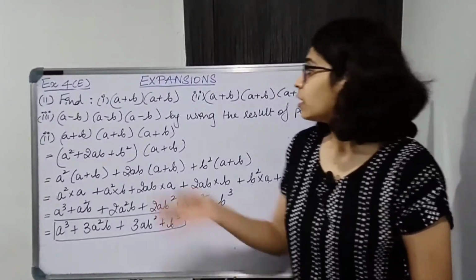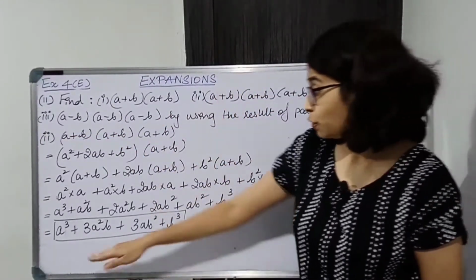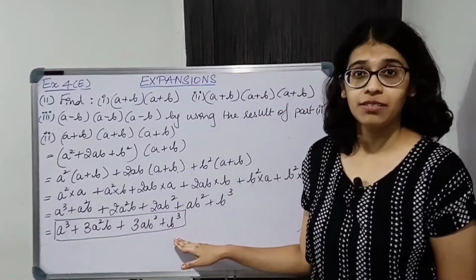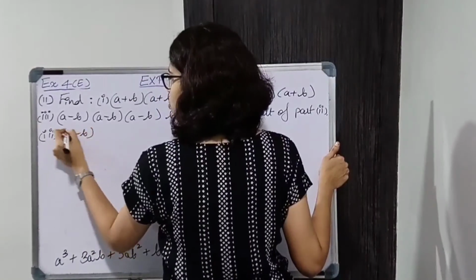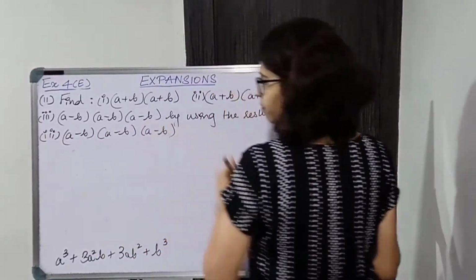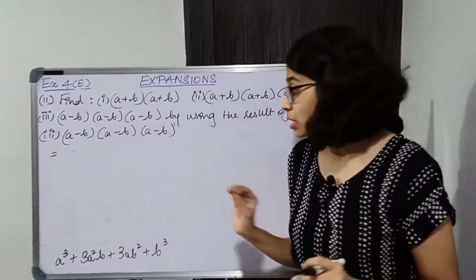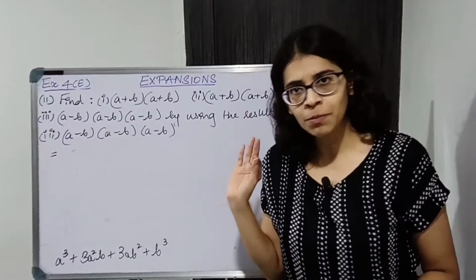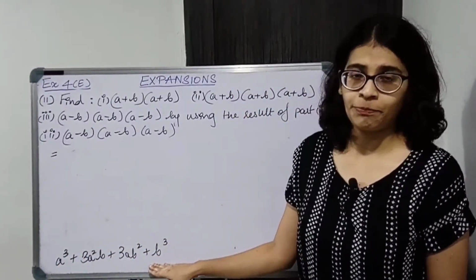Now coming to the third part, A minus B into A minus B into A minus B. So we have to use this result. Now students, we have to use the result we got in the second part, this final step.